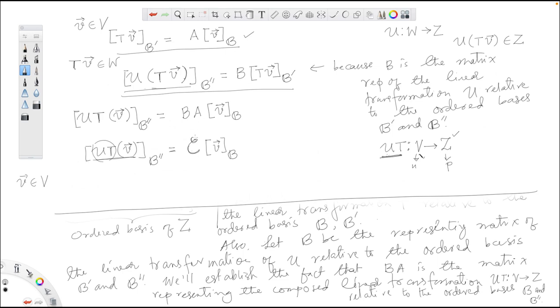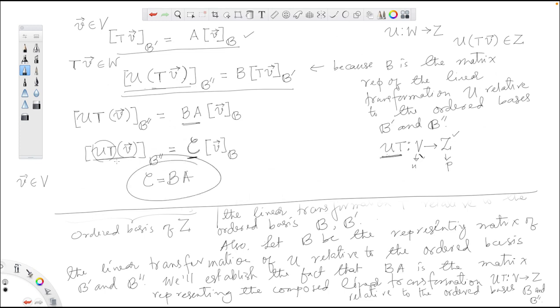So we know that this matrix is a unique matrix in the set of all p times n matrices over the field F. And from the uniqueness of the matrix representing this linear transformation U composed with T from the vector space V to Z, we know that C must be equal to this BA.